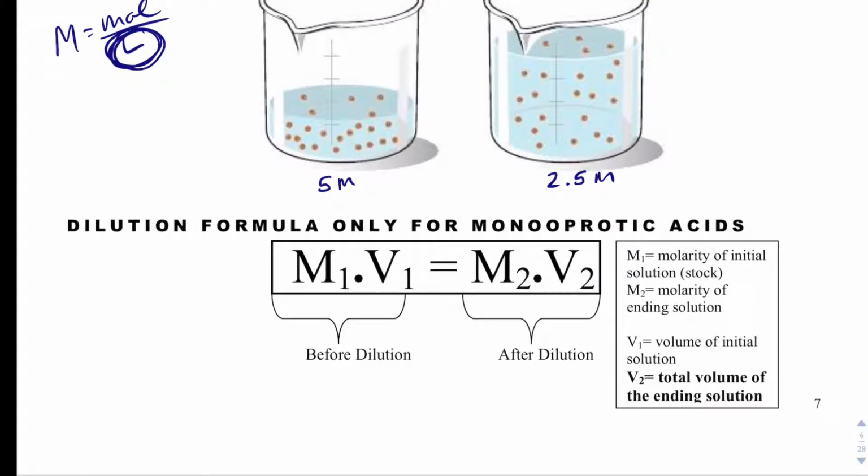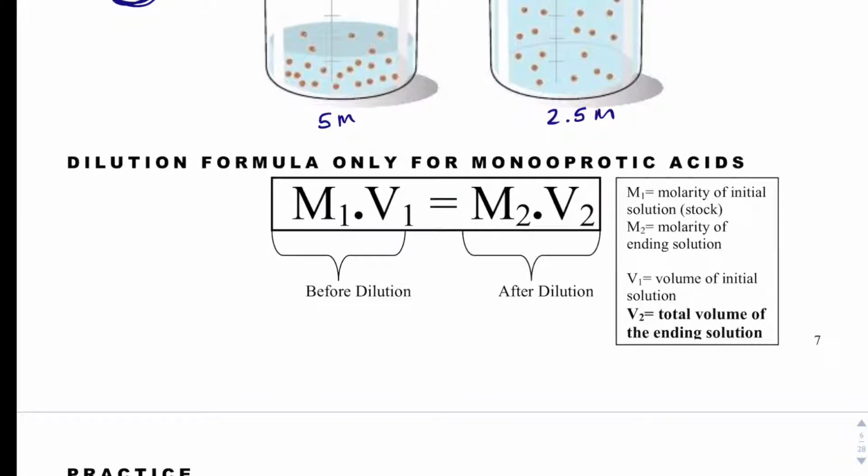There is a nice dilution formula, and it is M1 V1 equals M2 V2, where M1 represents the molarity of your initial solution. Sometimes it's called the stock solution. The volume is V1, the volume of your initial solution.